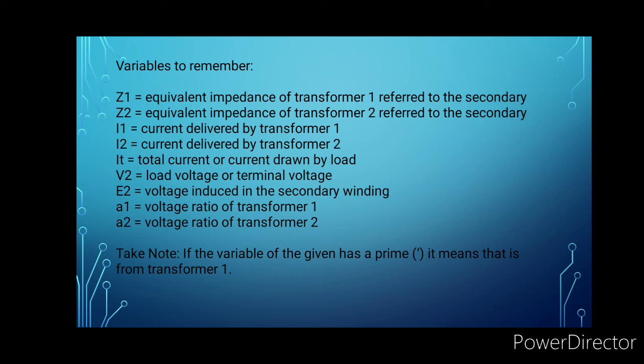For example, Z prime and the other one is Z sub 1, so the Z prime is the given from transformer 1, and the Z sub 1 is from transformer 2.